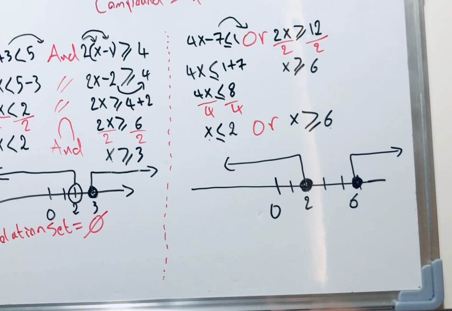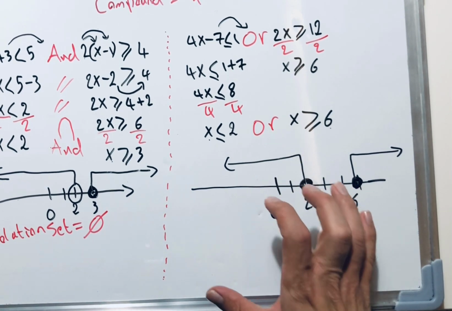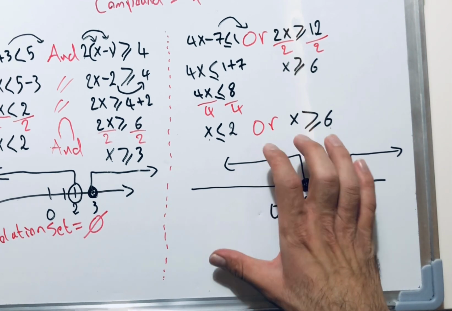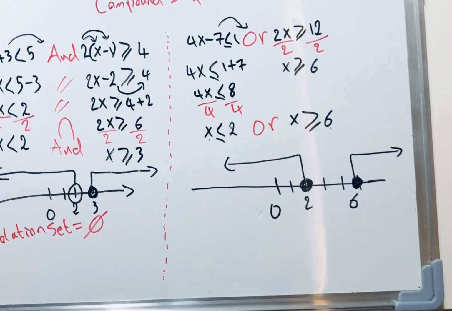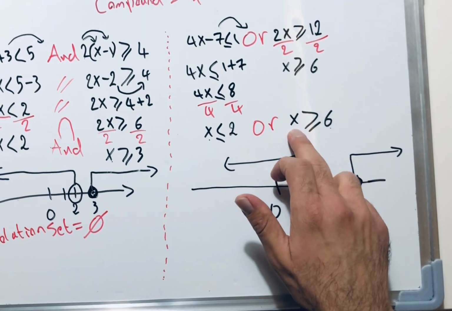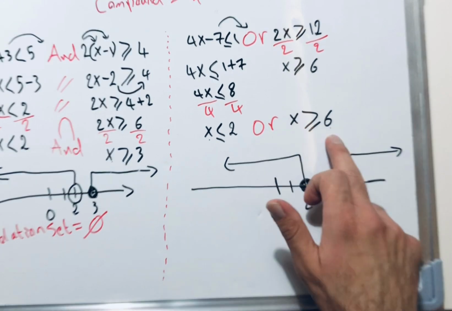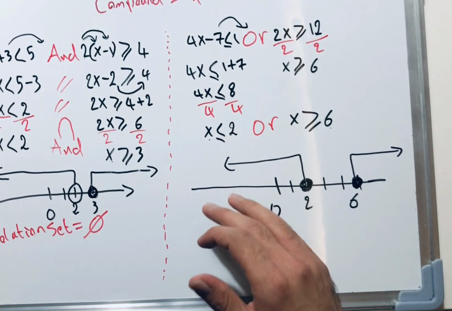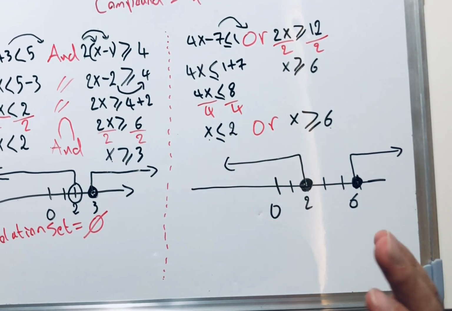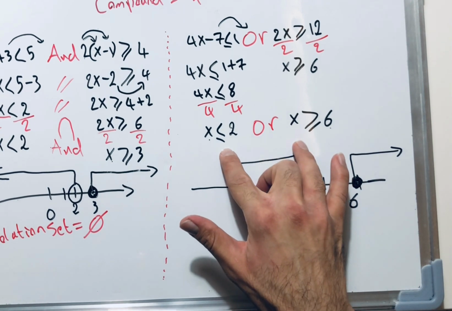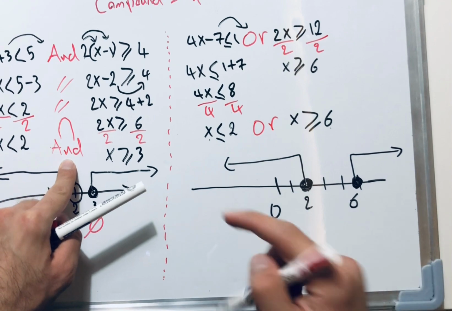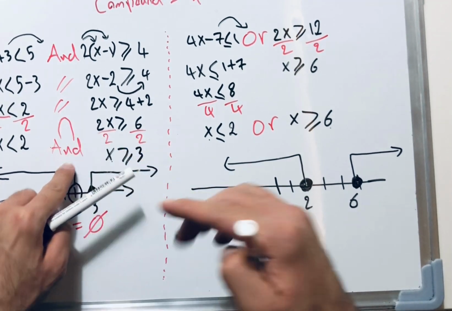Now can we say that there's no x value that satisfies this? So in other words, is there a number that is greater than 6 and also smaller than 2? Well, there is no number that's going to satisfy both things. But as I mentioned before, if you're familiar with set theory, and is an intersection between two sets.